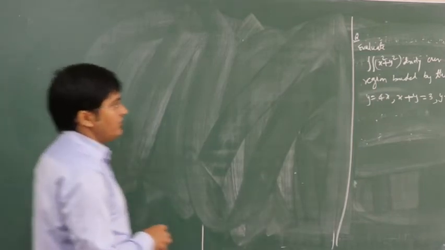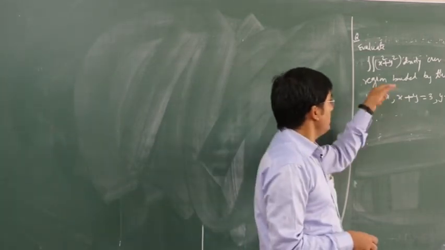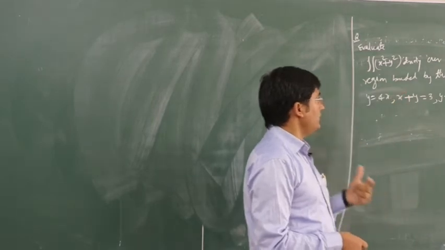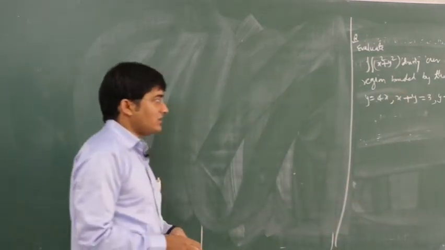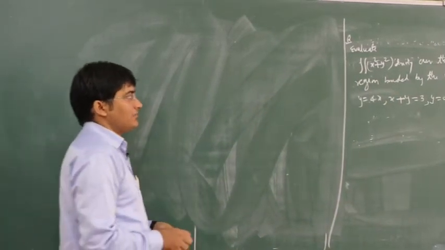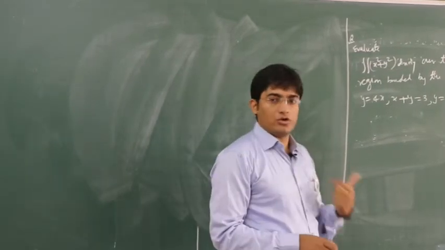So evaluate this double integration where your region is bounded by the 4 lines, and the lines are y equal to 4x, x plus y equal to 3, y equal to 0, and y equal to 2.